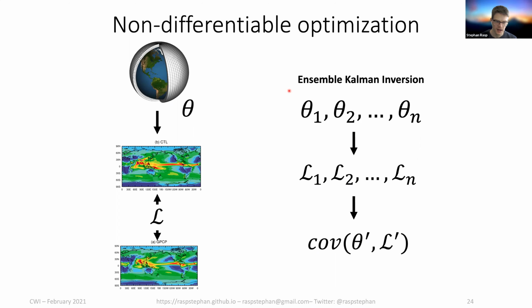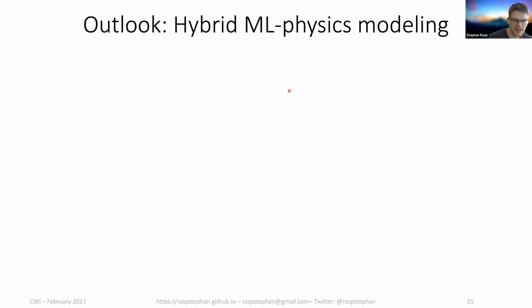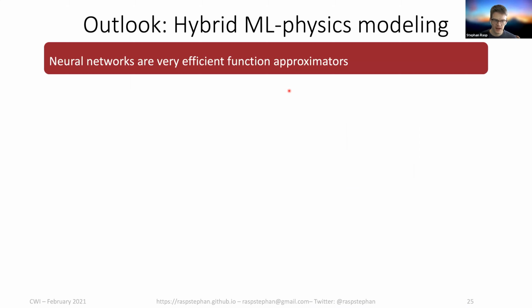Okay. Final slide, sort of a summary slide. We talked about hybrid machine learning physics modeling, particularly in the context of climate modeling, because that's the only thing I know anything about. So let's state some facts. Neural networks are very efficient function approximators, which means that given enough data, they can do really well, and probably better than a human, at finding a fast approximate solution to a given training data set.